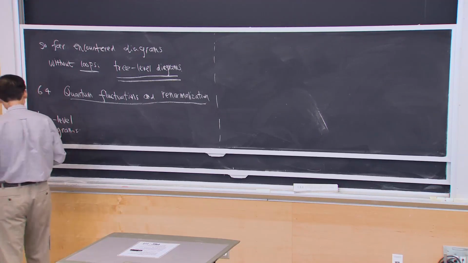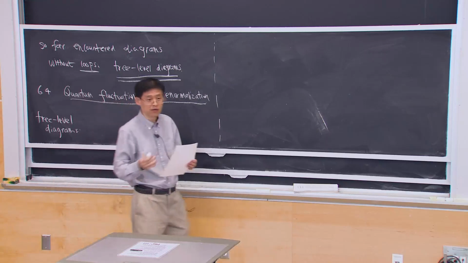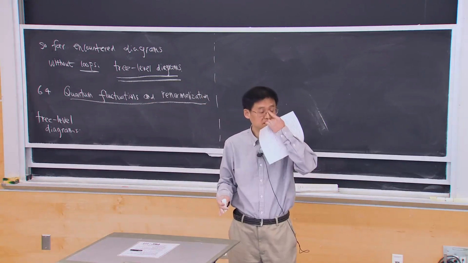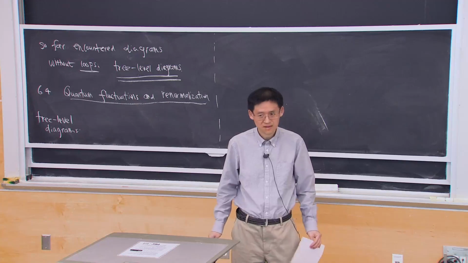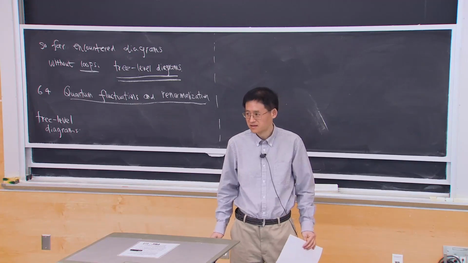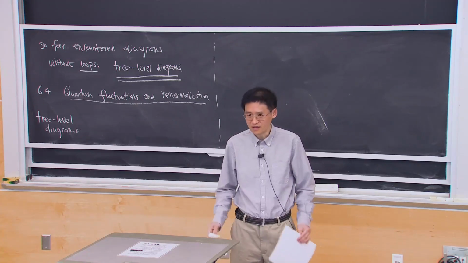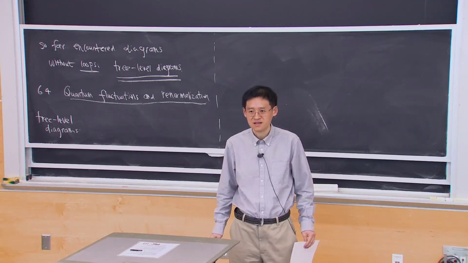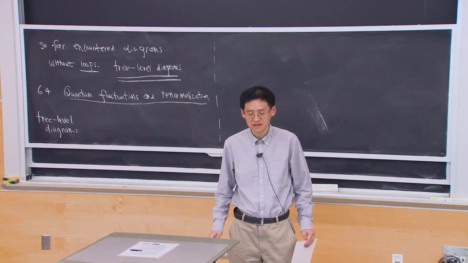If you want to summarize the features of tree-level diagrams, what would you say? Other than no loops, other than looking like a tree. Yes? There's no free momentum. Exactly.